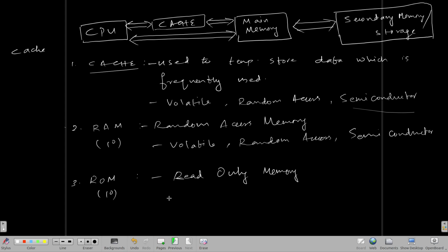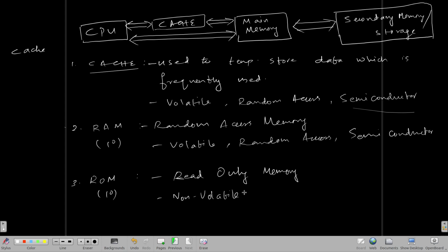So read-only memory nowadays is not exactly read-only, but most of it is, in the sense that it is a non-volatile memory. That is, whatever data is stored in ROM won't be erased as soon as the power is switched off. For cache and RAM, since they are volatile memory, as soon as the power is switched off, whatever data is in there will be wiped out. And when you restart the system, or give power again, it starts again.